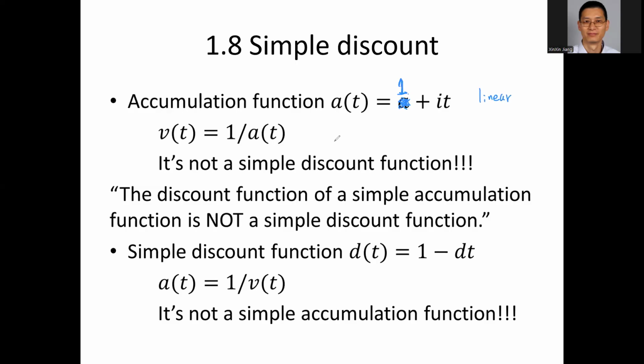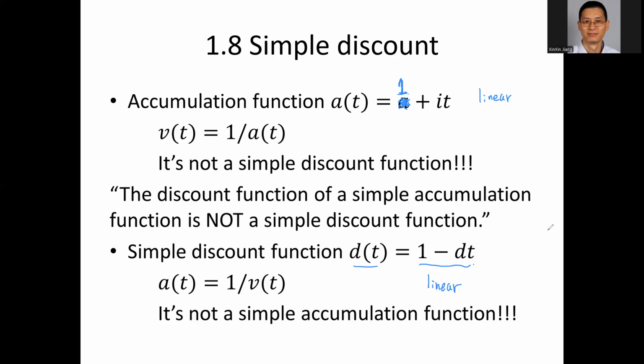So the discount function is 1 over a(t). That is not a simple discount function. For a simple discount function, we assume the discount function to be 1 minus dt, which is linear. If you use the simple discount function for the accumulation function, the accumulation function is not simple anymore.